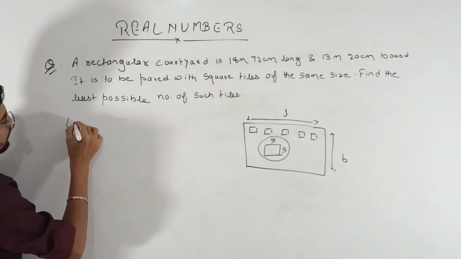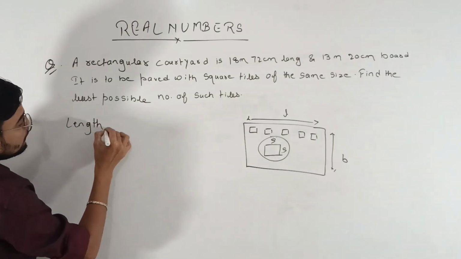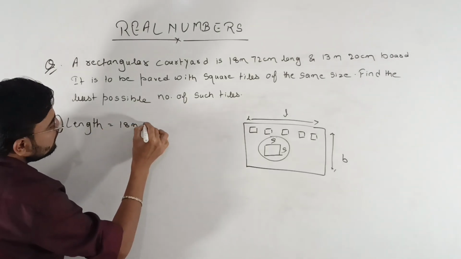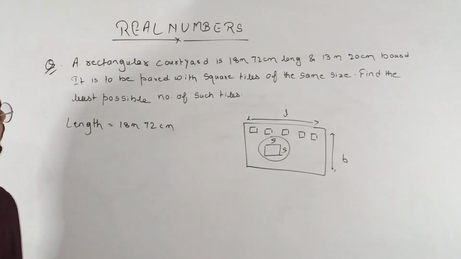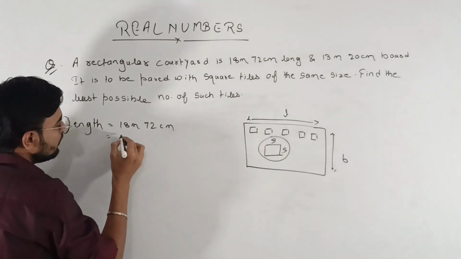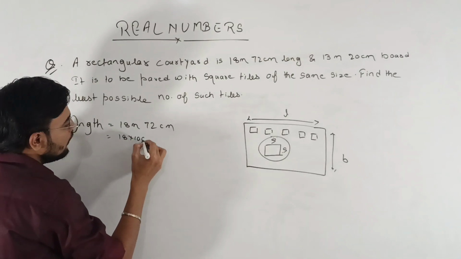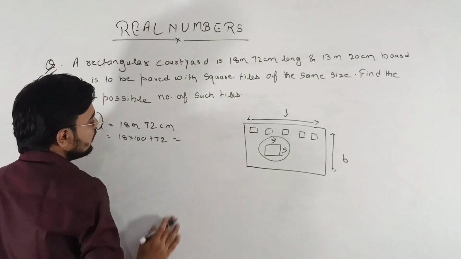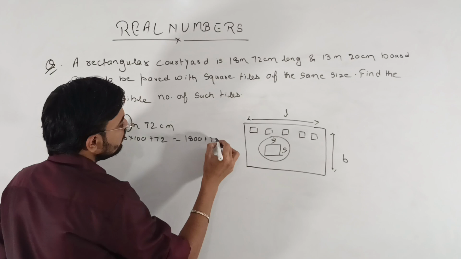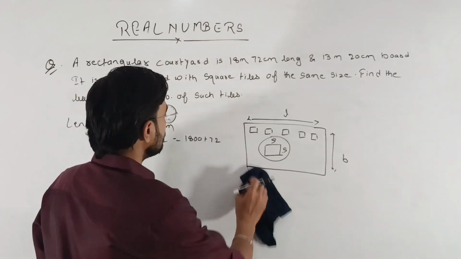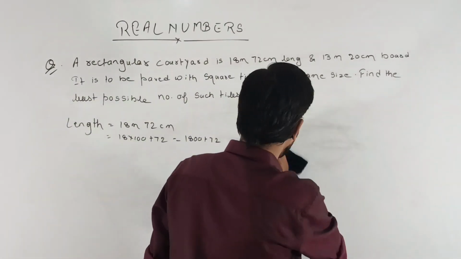So first I write the length. Length is 18 meter 72 centimeter. First change it into centimeter. For changing into centimeter, 18 into 100 plus 72, and this is 1872.